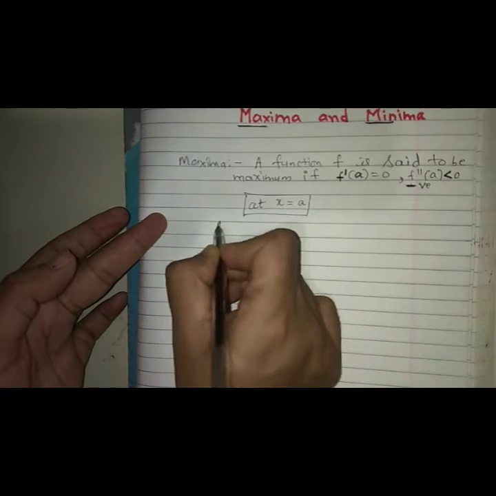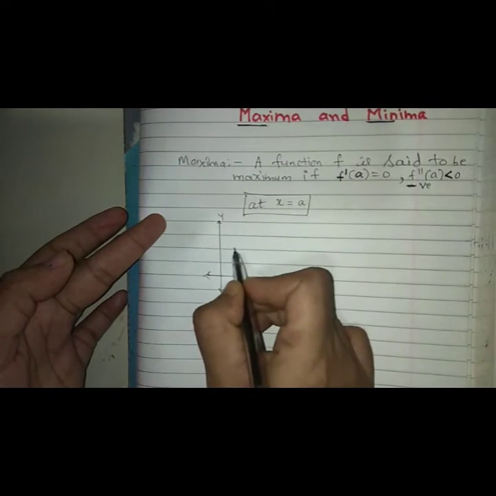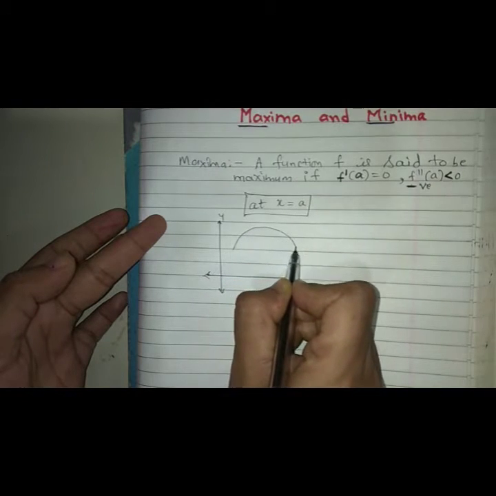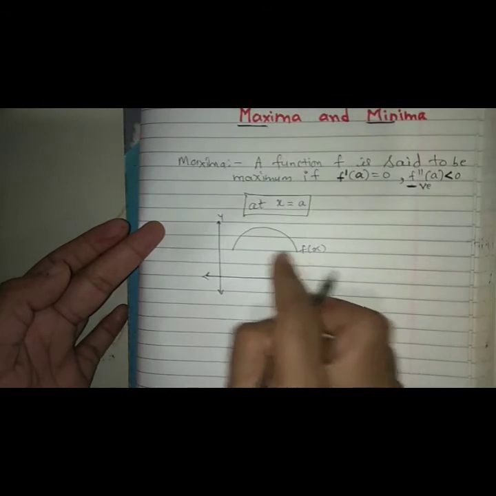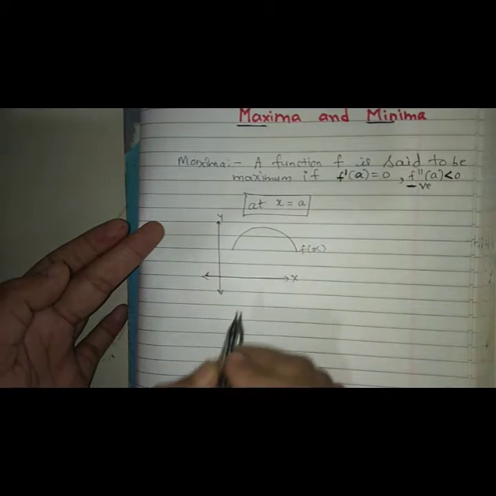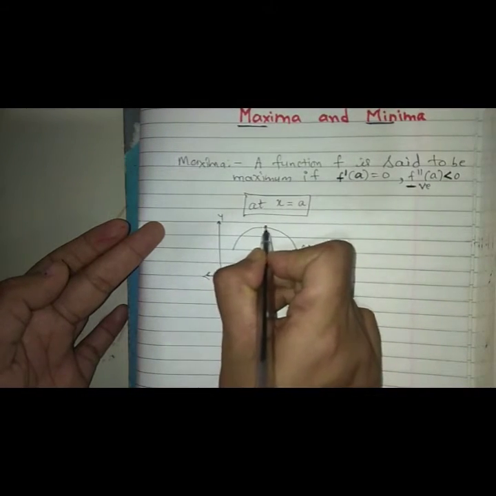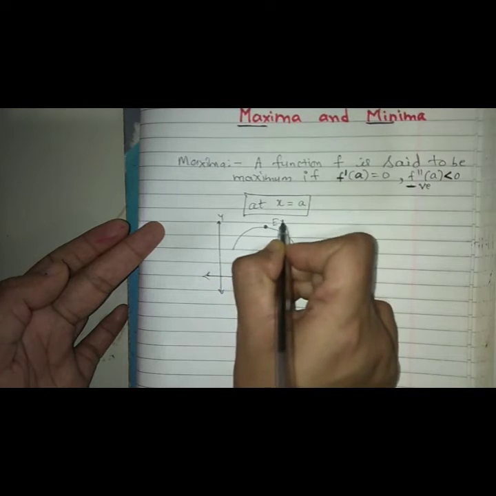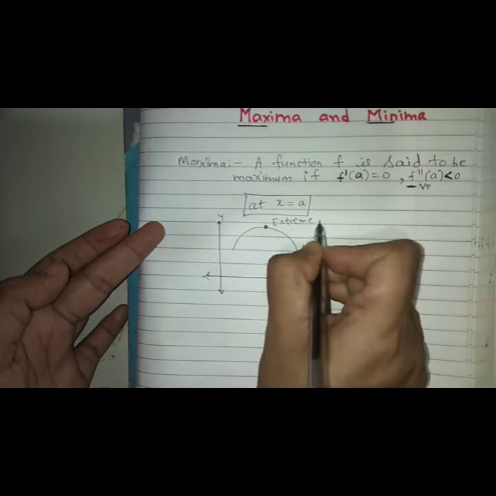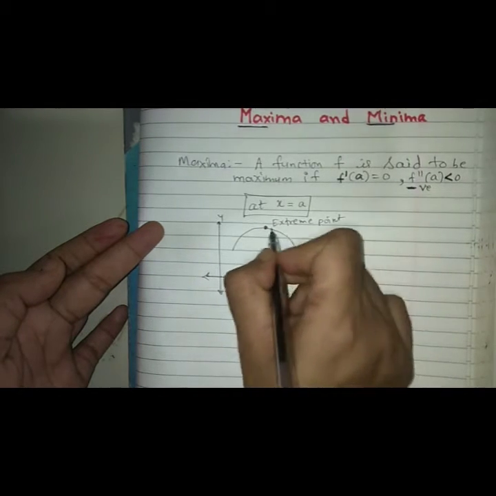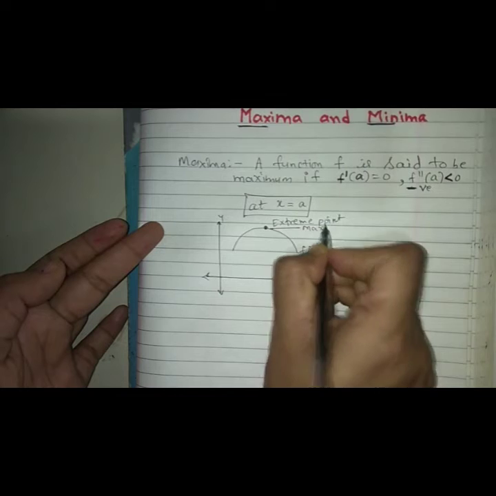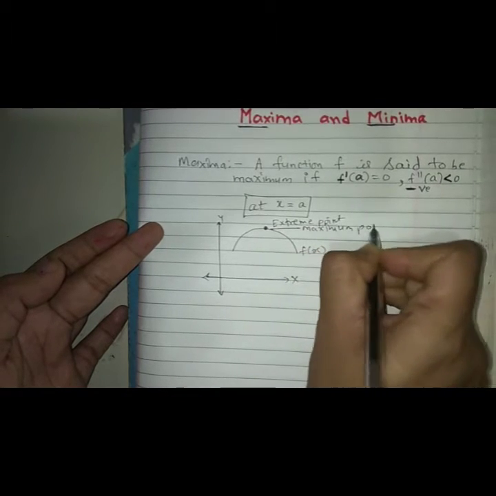Now we see this in curve form. If we draw the x-axis and y-axis, and draw the curve like this, we write this curve as the function f of x. Now this is the extreme point, which is called the maximum point.